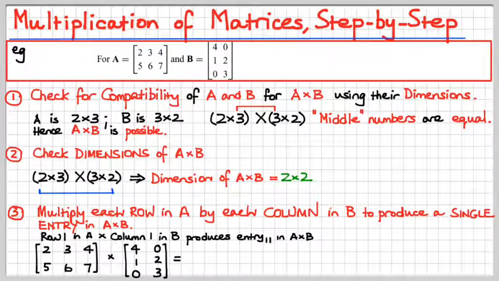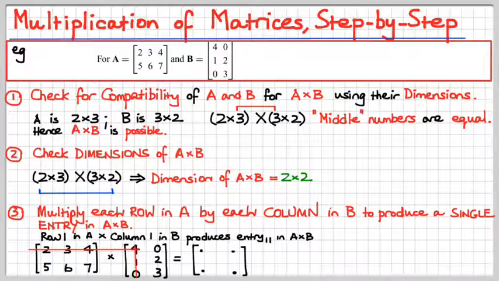Now, have a look at this. I use these lines to help me get my head around what's going on here. That's going to be the 2 by 2 template of the matrix that I'm going to produce, right? Now, watch this. If I multiply that row by that column, see how that intersects at a top left position? Well, that's where you're going to get your entry in the new matrix.